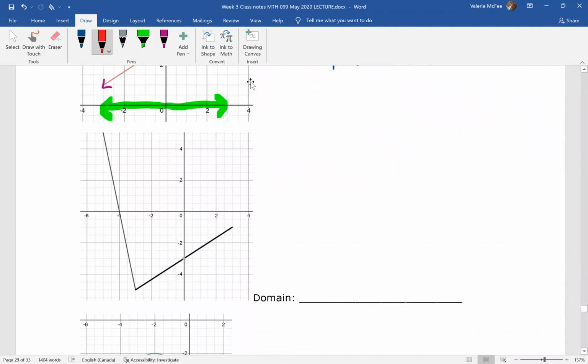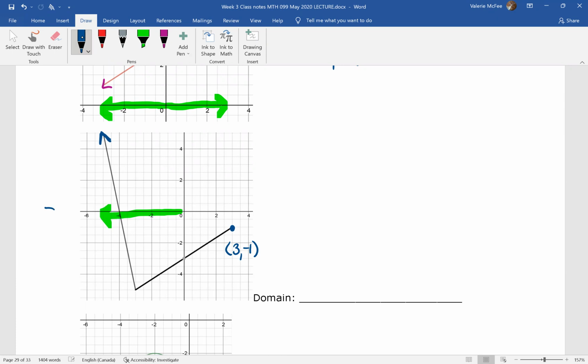Now, let's look at this one. I'm going to put an arrow here to say that it continues up and to the left. But I think I'm going to put a closed circle here to say that it stops at the point (3, -1). So we're looking at the domain. We can see that it's going to continue infinitely to the left.